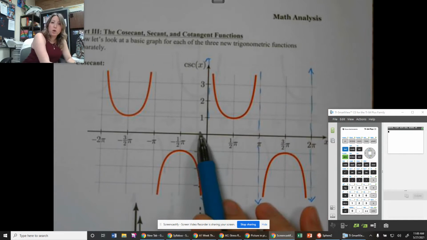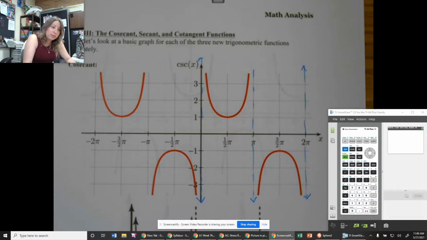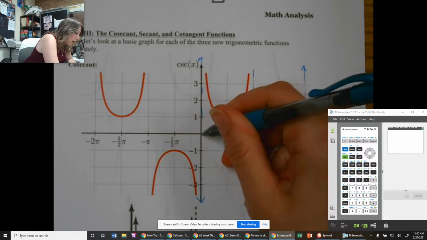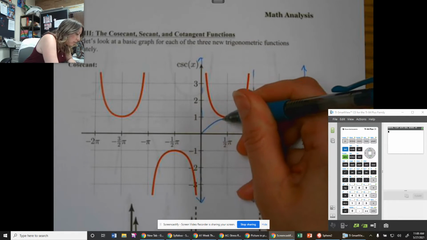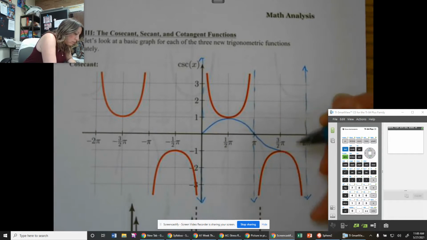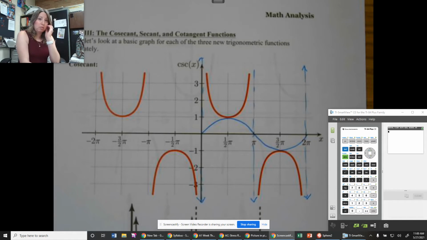All those places where your sine value is 0, when you flip that over, now you've got a 0 in a denominator, you've got asymptotes. Now, this is what the sine function looks like. So see how these are opposites? Exact inverse opposites of those.